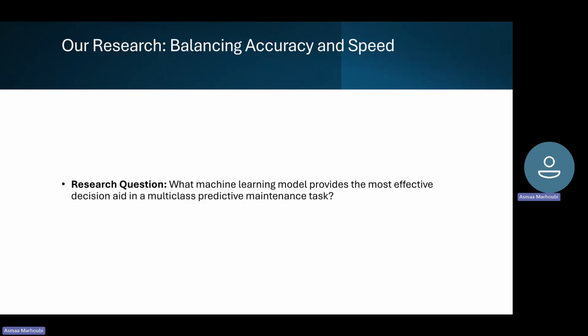We compared ensemble-based machine learning algorithms like random forest and XGBoost, and we also considered logistic regression classifiers. We emphasized data imbalance management and feature selection.